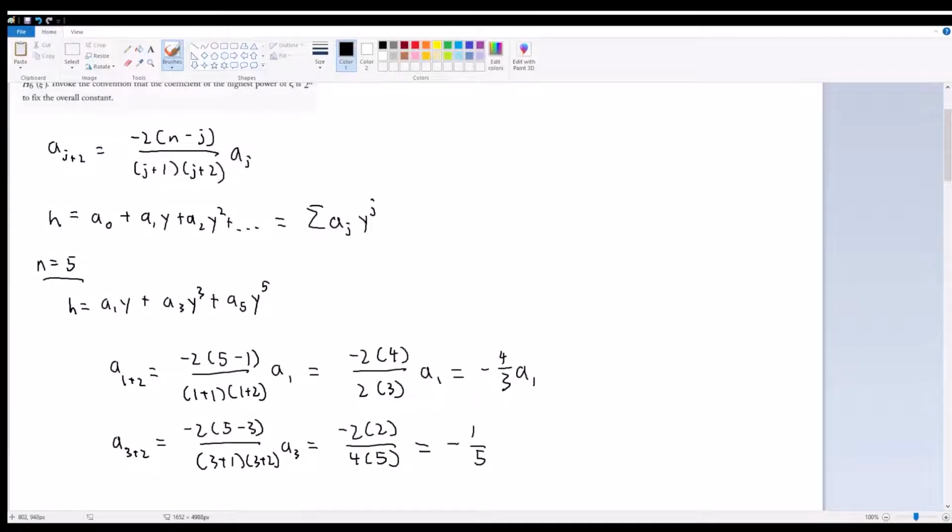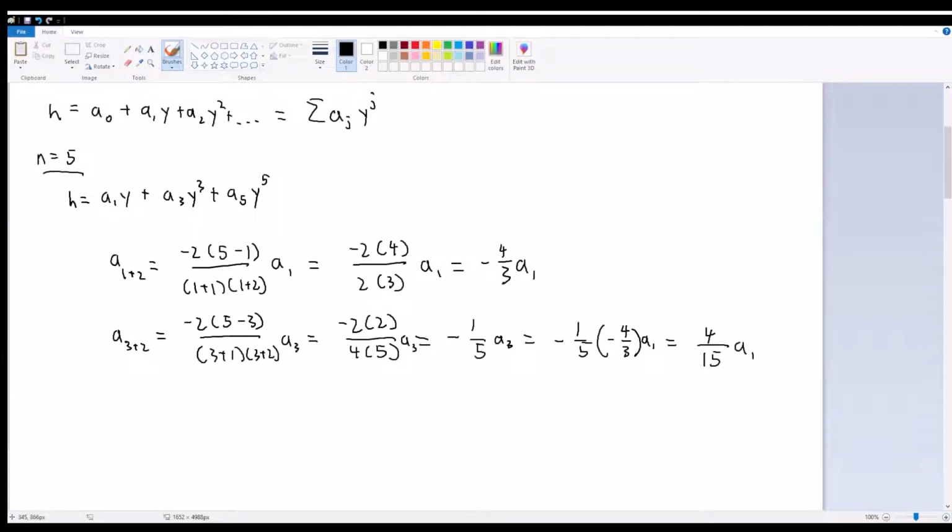I left out the a3 right here. a3 is equal to negative 1/5 times negative 4/3 times a1, which is going to equal 4 over 15 times a1. And then that is the end of the series because the series terminates at a5. So therefore, h is going to equal a1 times y minus 4/3 y cubed plus 4 over 15 y to the 5th.